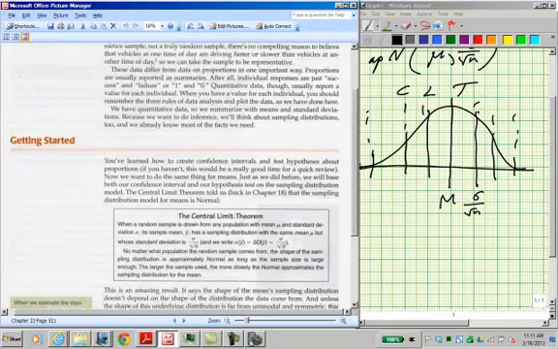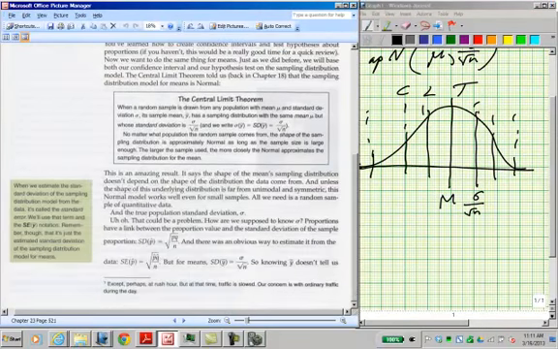So very important. This y bar has a normal relationship to the true population mu as long as it is random and independent. That is, it represents the population.